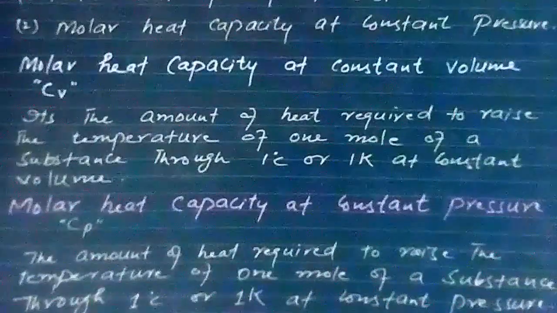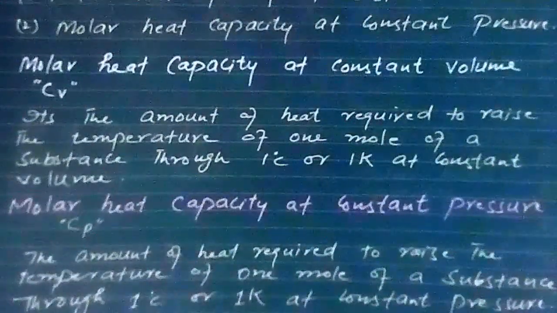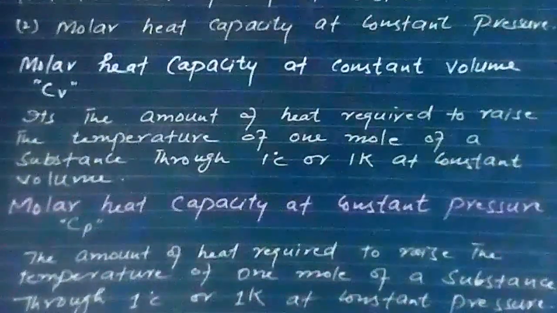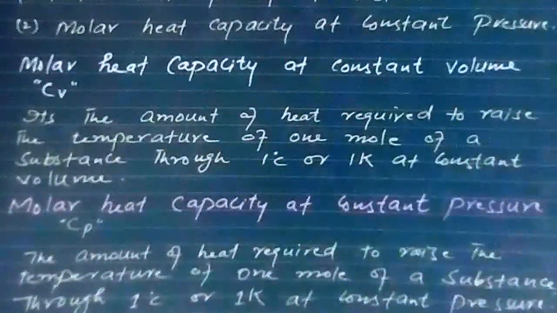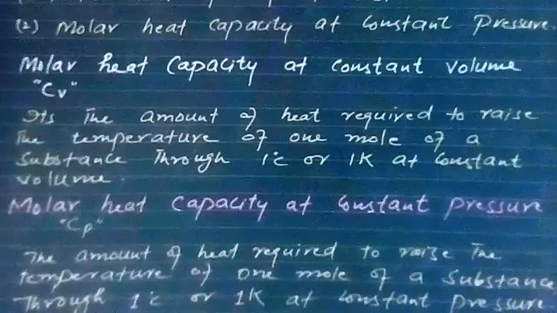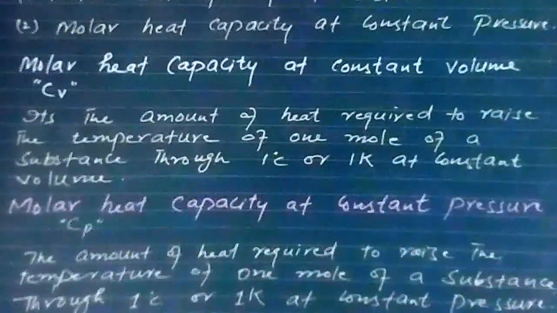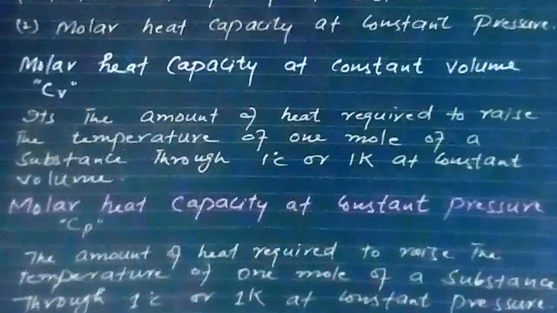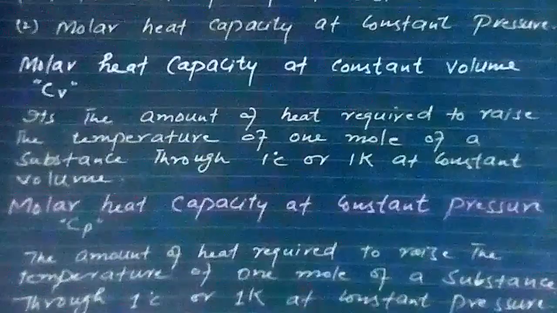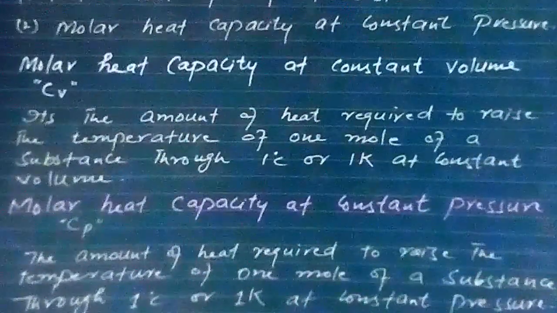It means you keep the pressure constant and then heat the system, and when there is a change of only 1 degree in 1 mole of a substance present in the system at constant pressure, it is called molar heat capacity at constant pressure.